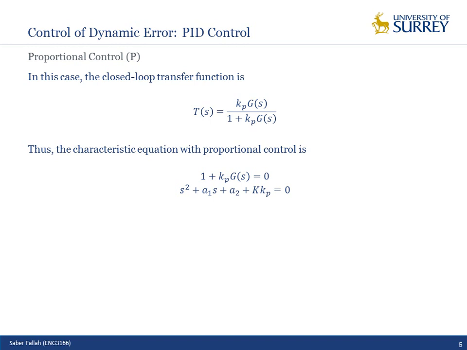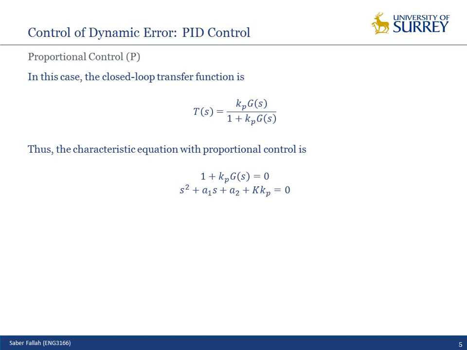And the damping ratio is A1 over 2 root A2 plus K Kp. Correct? If I change Kp, if Kp is 0, omega n is root A2. There is no controller, which is the same as the open loop system, or system without controller.